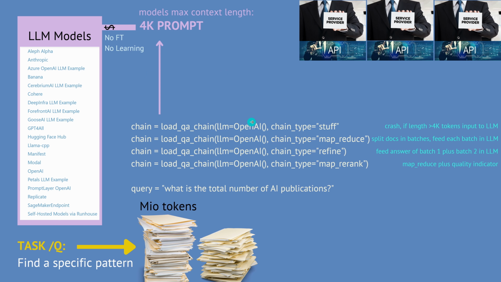Now, if you want to be a little bit more clever, then you have the chain type refine. Refine is very easy. It takes the answer that it gets back from GPT-4 after it analyzed the batch number 1, and either there's nothing relevant to the question in this particular text document, or it comes back with a summary or a short answer.